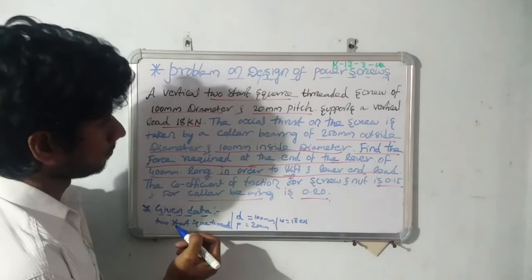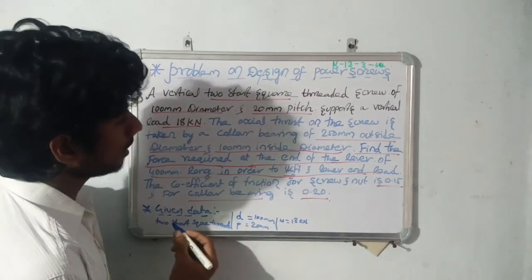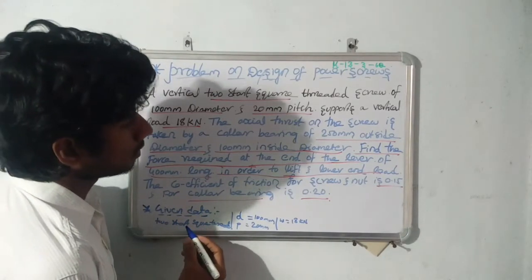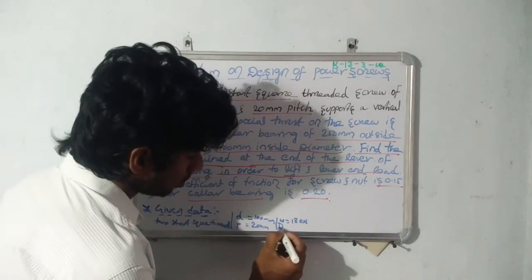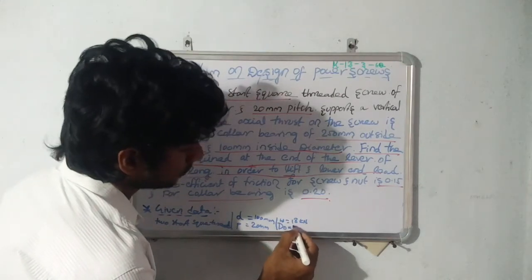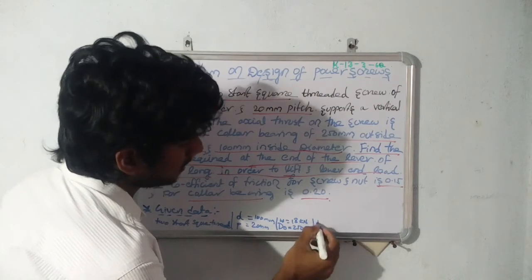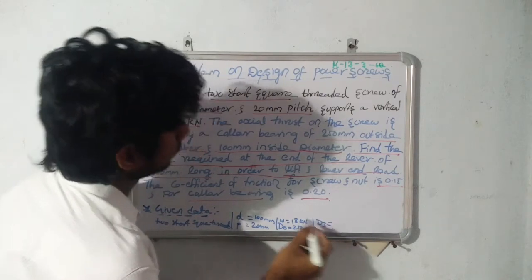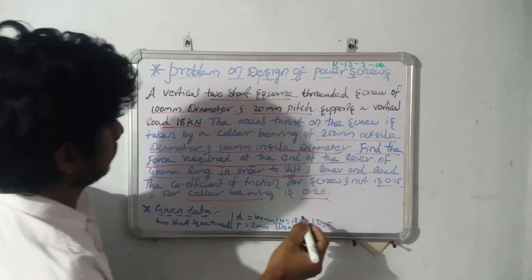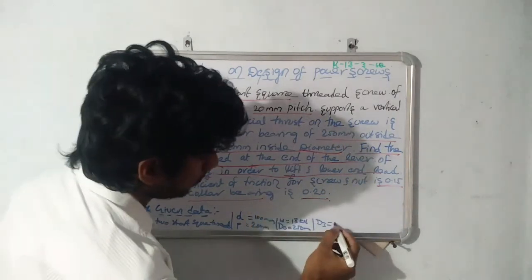After that, the outer and inner diameters of the collar are provided. Outer diameter equal to 250 mm and inside diameter equal to 100 mm.